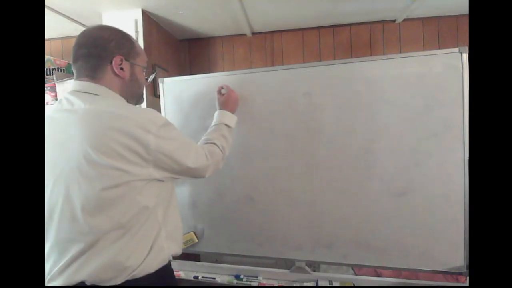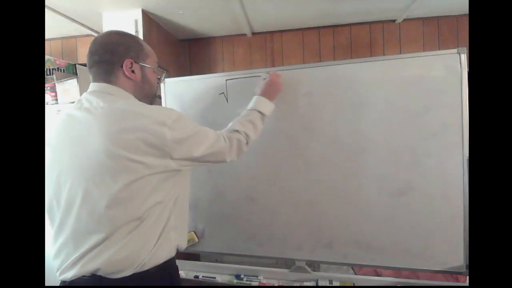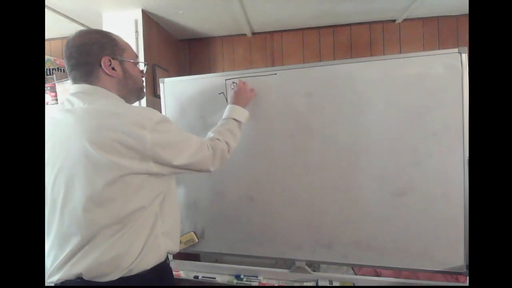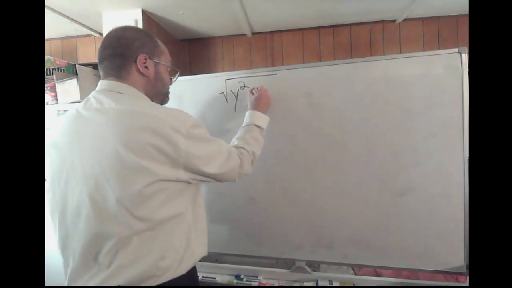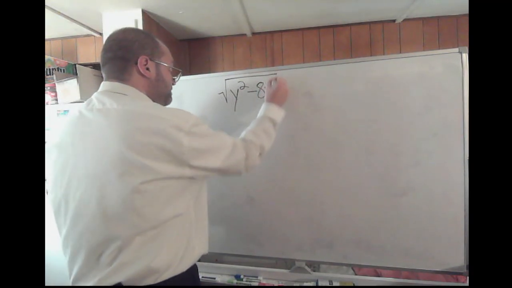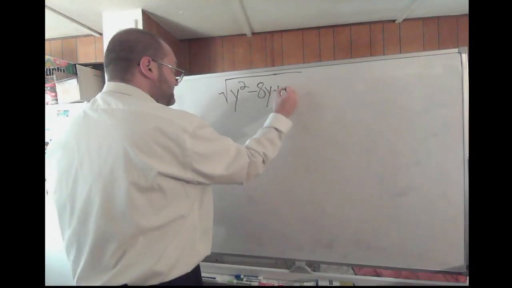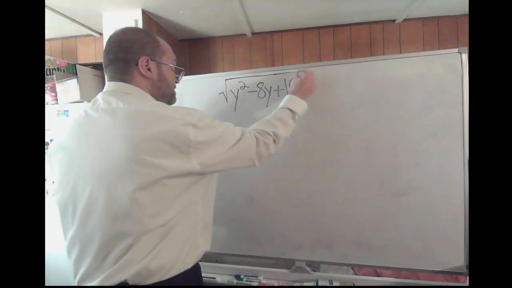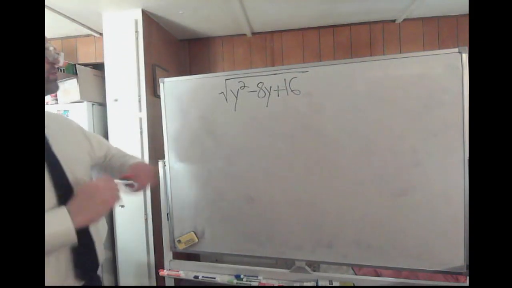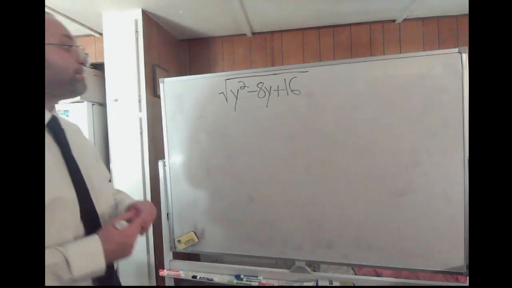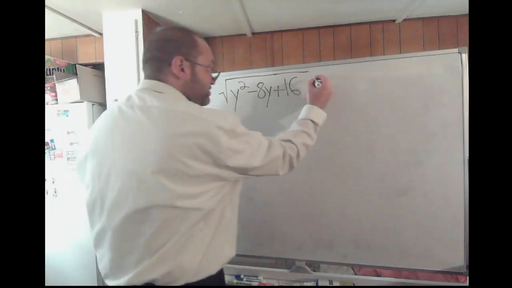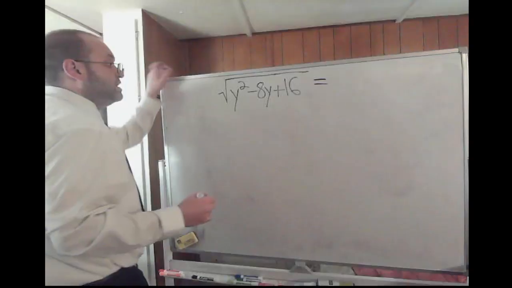Alright, I got two more. Here's a funny one. We have the square root of y squared minus 8y plus 16. Well, let's start with what's inside the square root first, okay?